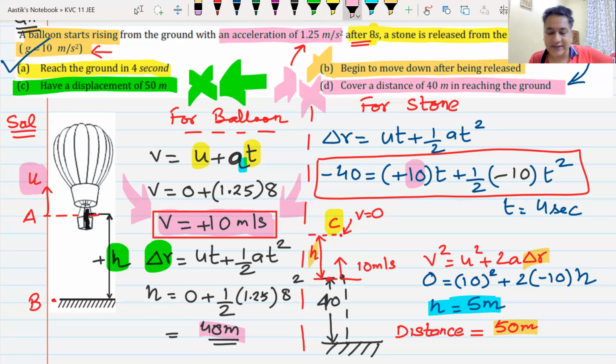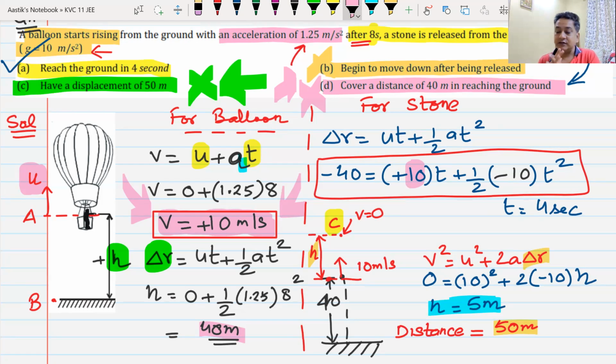If the options were like this, C and D would also be correct. Do we understand this? This is how we find out the distance traveled. If you understand the picture, what is happening, and we use simple equations, we should be able to solve any question that comes in the examination hall.